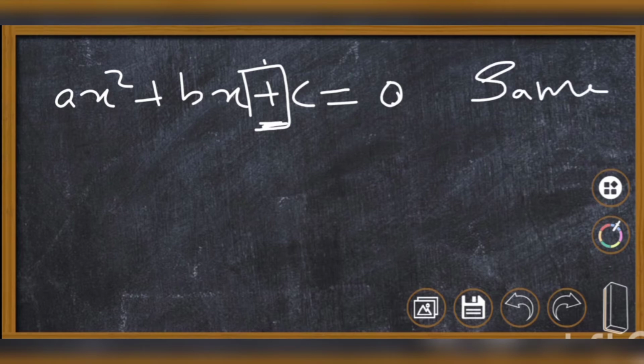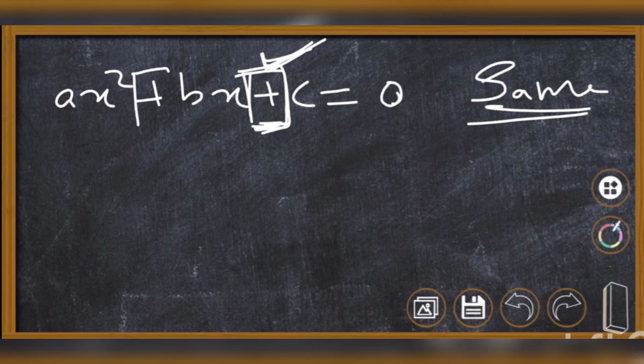If alpha and beta are the roots, they both will have the same sign, either positive or negative. If the sign of c is positive, the roots will be negative and negative or positive and positive. It is determined by the sign of b.